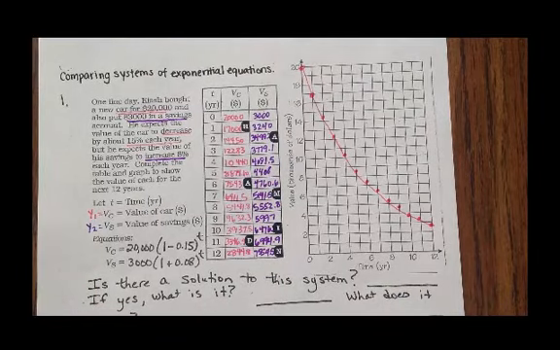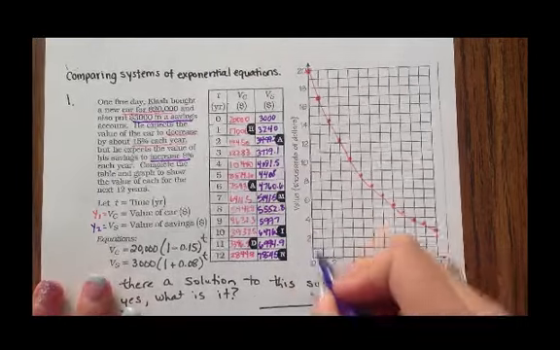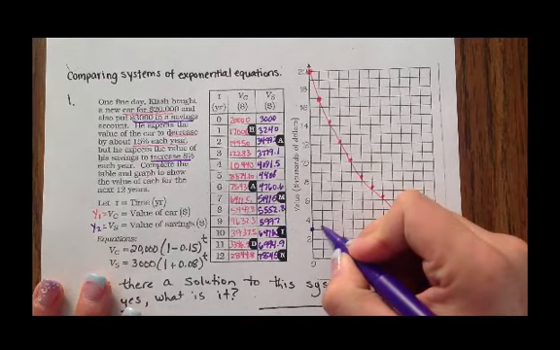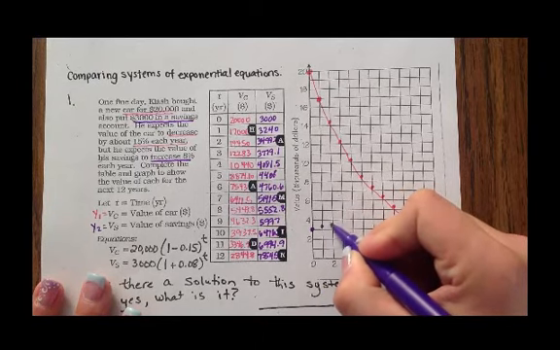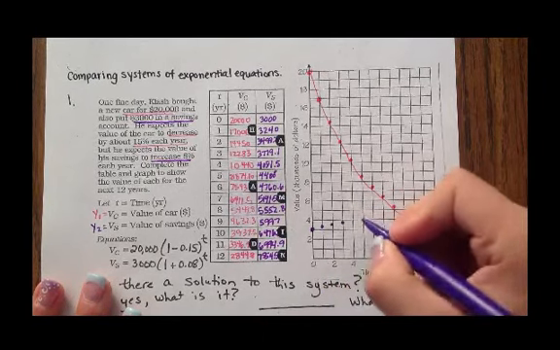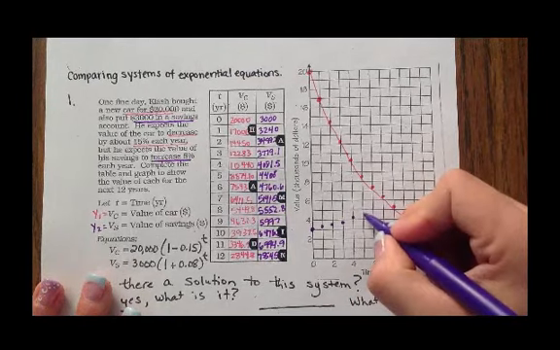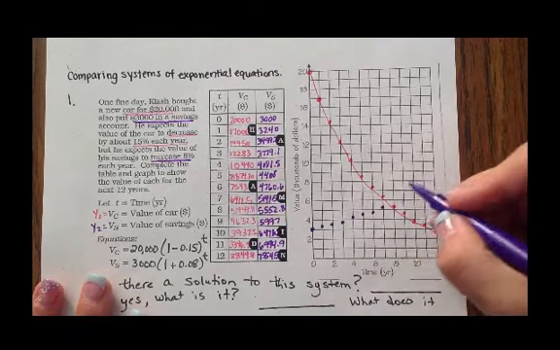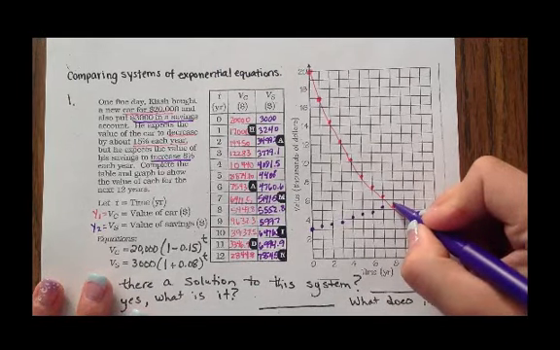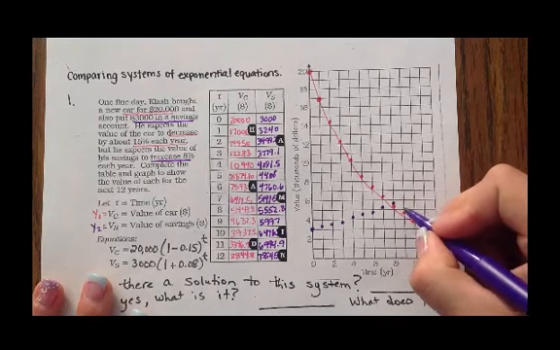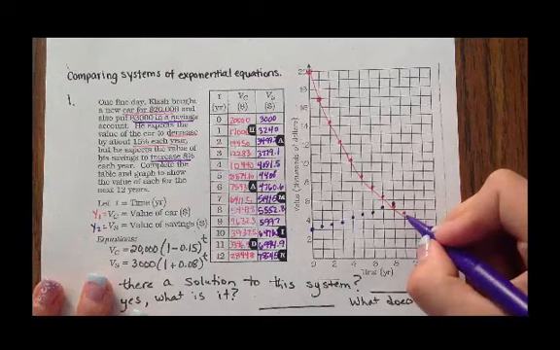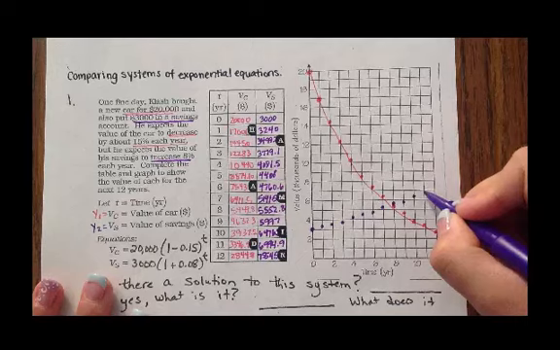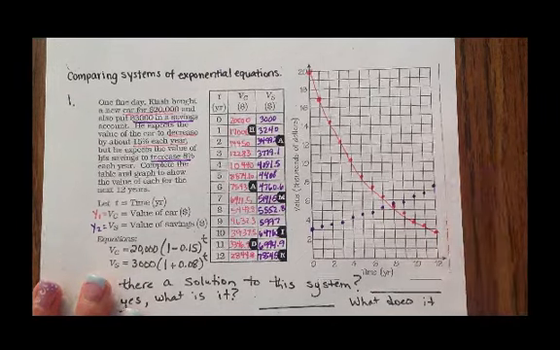We're going to do the same thing with the value of the savings account. So starting at 0, we have 3,000. Increasing at 1 to 3,240. 2, 3,400. 3,700. 4,081. 4,400. 4,700. 5,100. 5,500. 5,900, 6,400, 6,900, and 7,500.